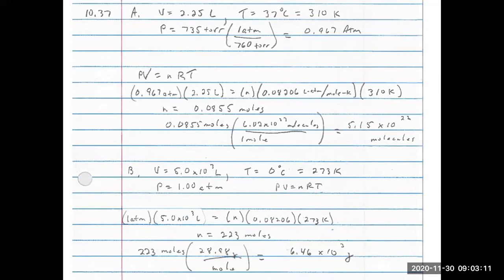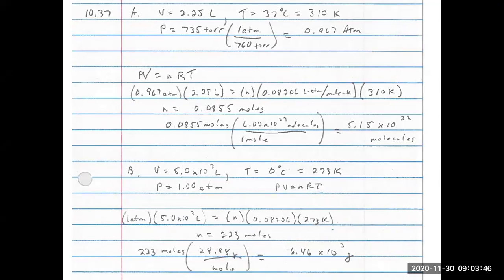Once we did that, we had our equation in a form with the right units, and we solved for the moles. Then we used Avogadro's number to convert from moles to molecules. So a couple key things: keep the units straight, and remember that we have a way, if we have moles, to get to molecules and vice versa, and that's Avogadro's number.